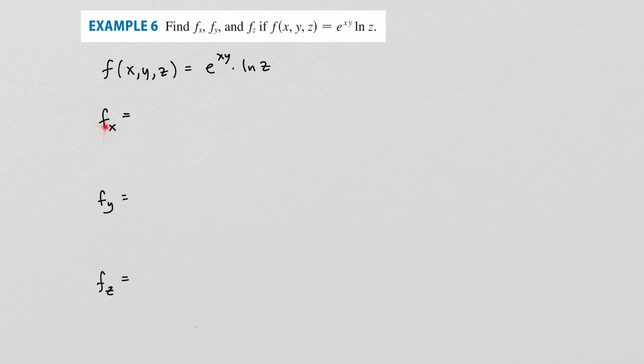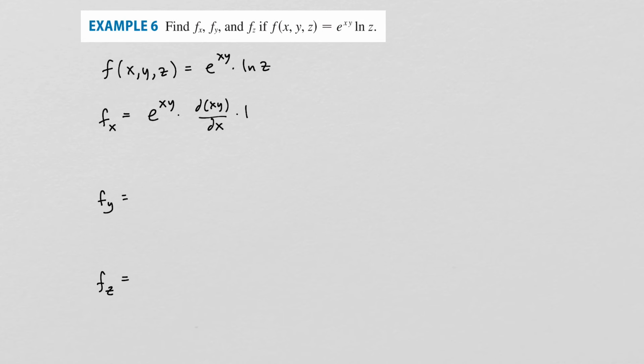So when I take the derivative with respect to x, I treat x as a variable, everything else is a constant. So natural log of z is a constant, and it's being multiplied to e to the xy. The derivative of e to the xy is e to the xy multiplied by the derivative of xy with respect to x.